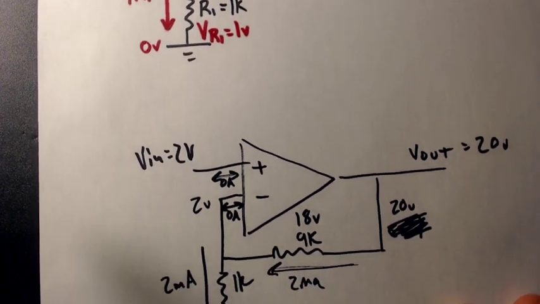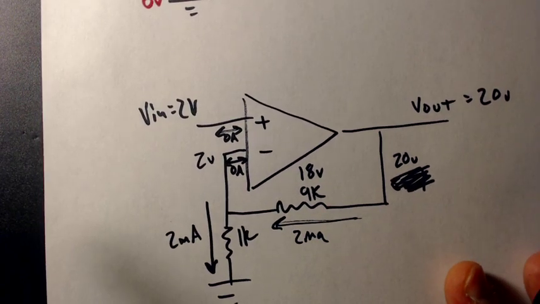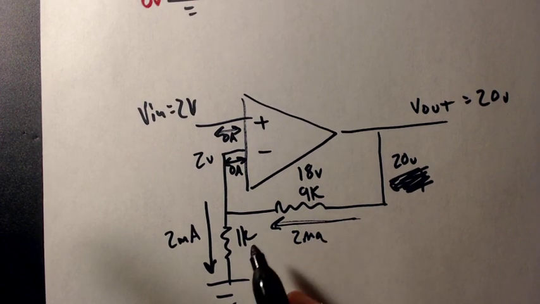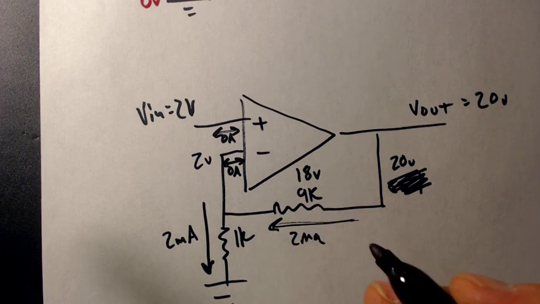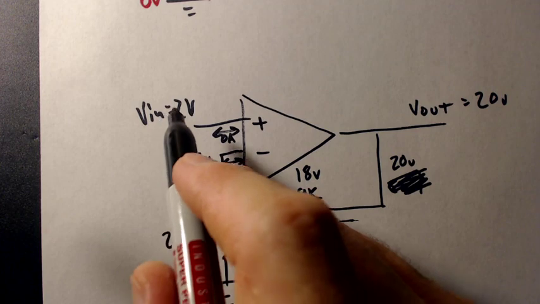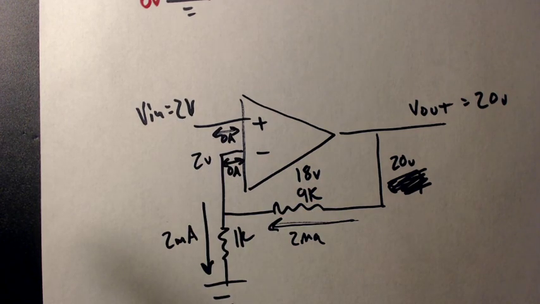Same thing is true over here. 9K divided by 1K gives us 9. 9 plus 1 gives us a gain of 10. 10 times our input of 2 volts gives us an output of 20 volts.